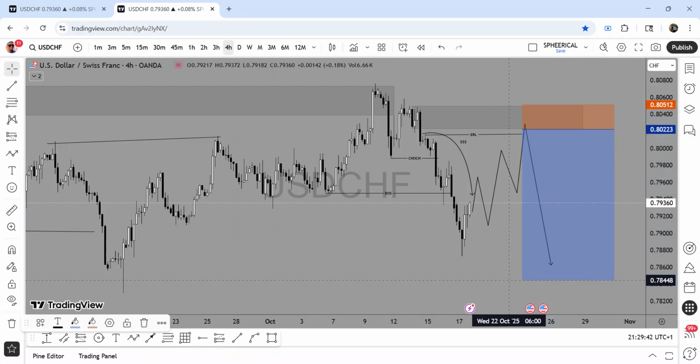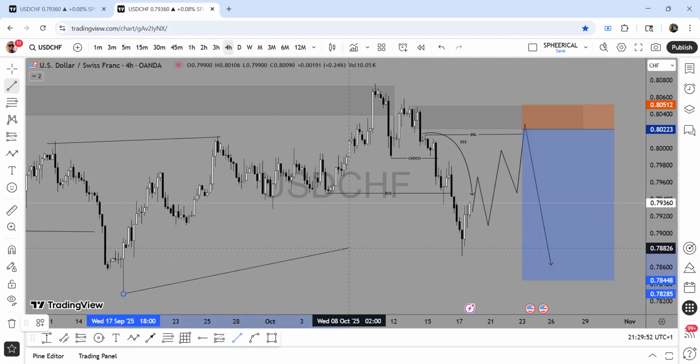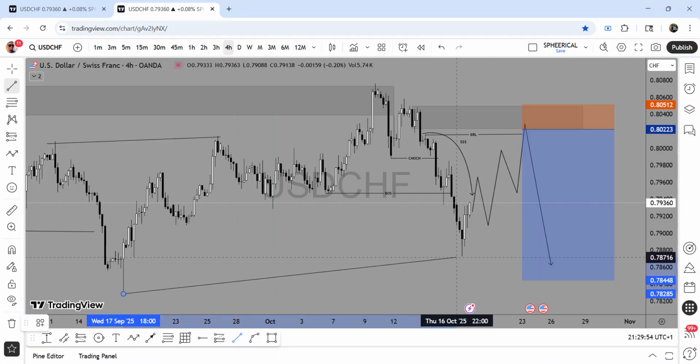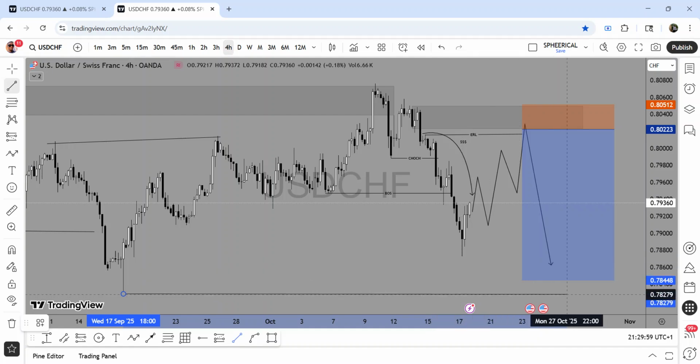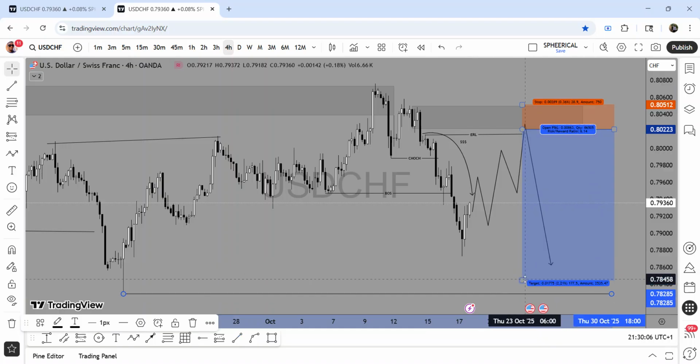We'll be targeting down here because there are two liquidity points here, unmitigated and unswept. This point to this point is a two liquidity point. You can see it is a two liquidity point. So we'll be targeting to shoot this last liquidity.